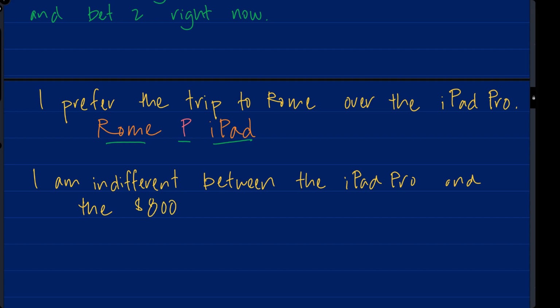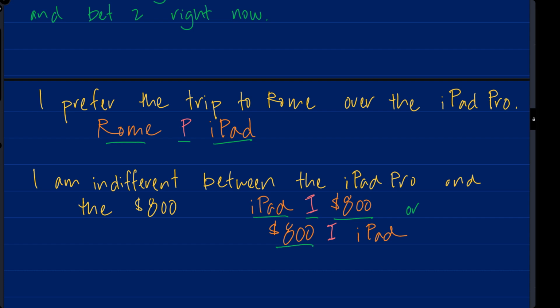I am indifferent between the iPad Pro and the $800, which we can also write as iPad I $800. I'm indifferent between the two, or we can just write it in the opposite way.